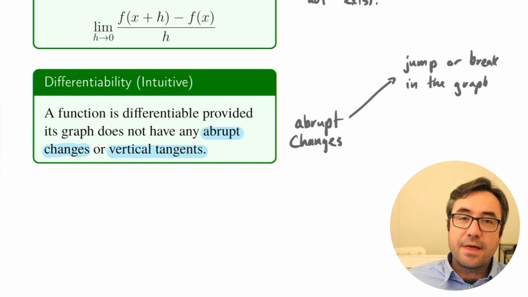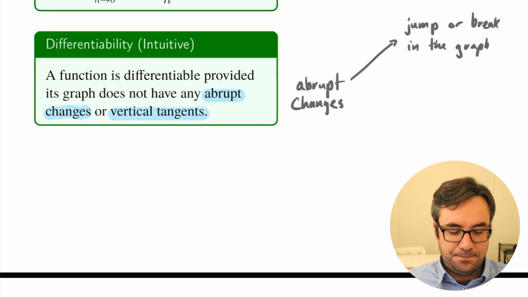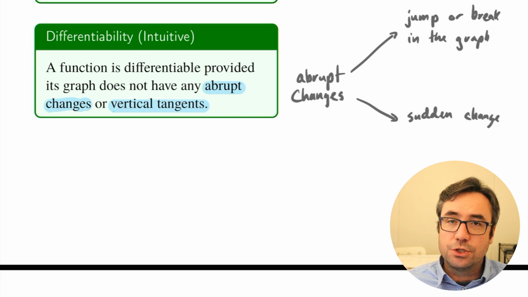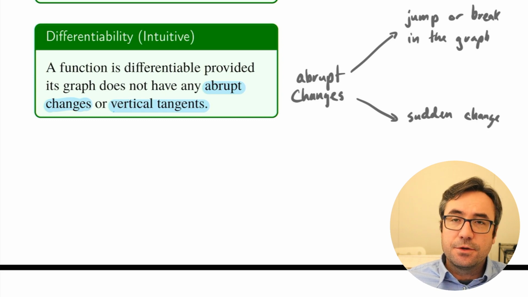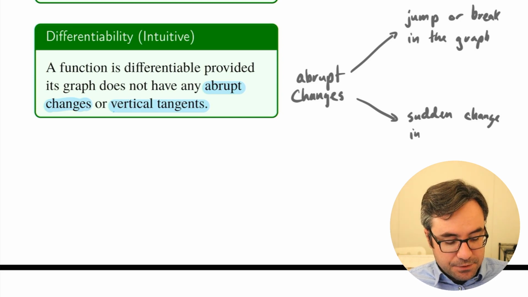Or another thing that can happen is there's a sudden change in slope. Maybe there's not a break or a hole or a jump in the graph, but maybe there's just a really sudden change in the slope. And we'll see examples of all of this.